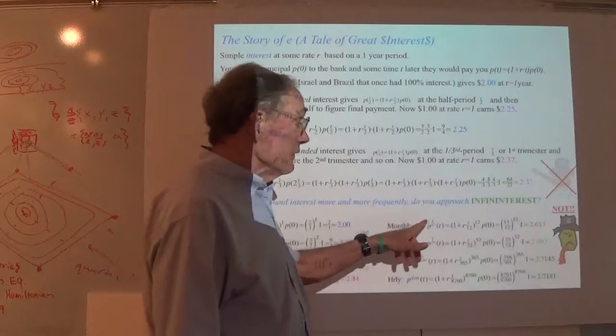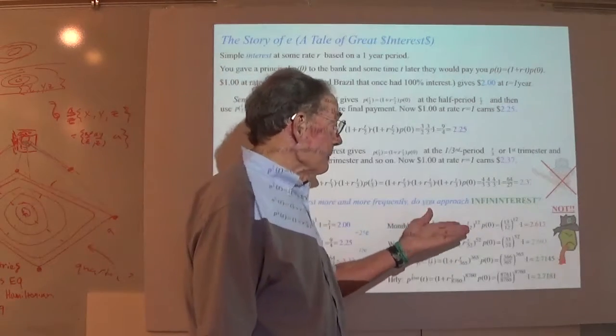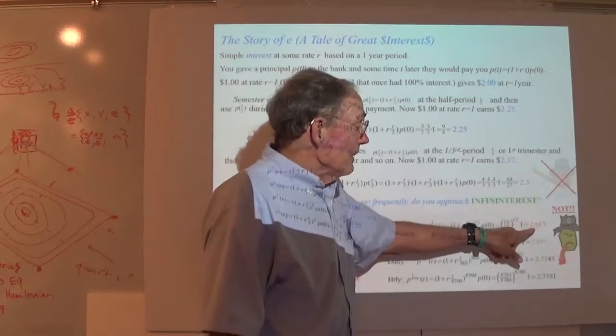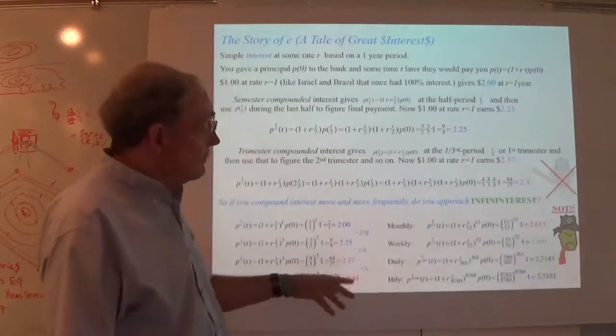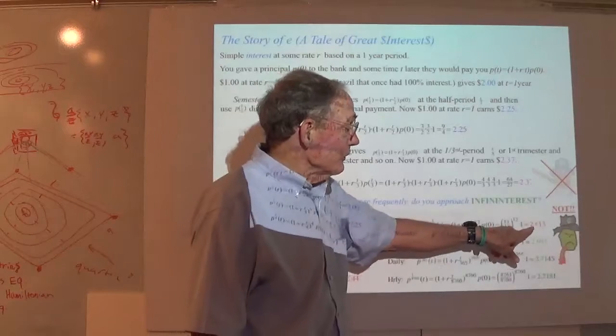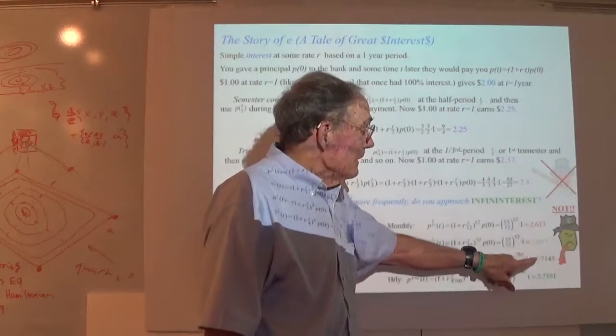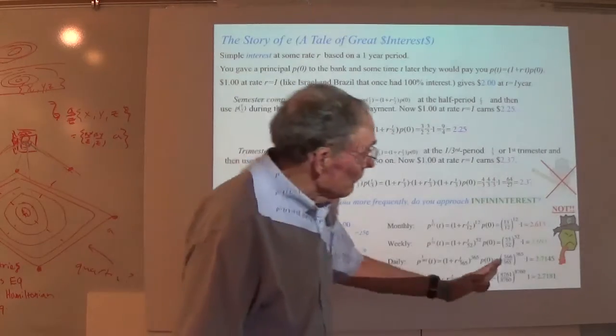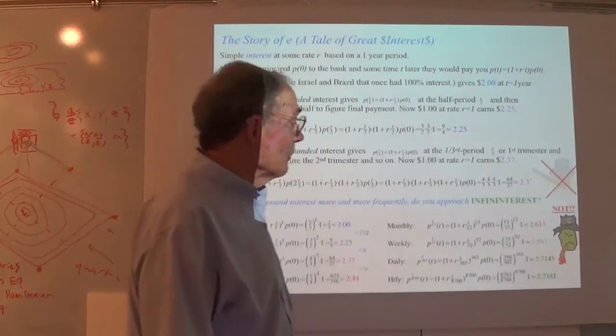Then if you go to monthly, that's a really big jump in computation. You've got to multiply 12 times now. That still hasn't increased you very much, but you do pick up 20 cents or so, and so forth. And at a certain point here, the gains are way down in the fourth decimal place.